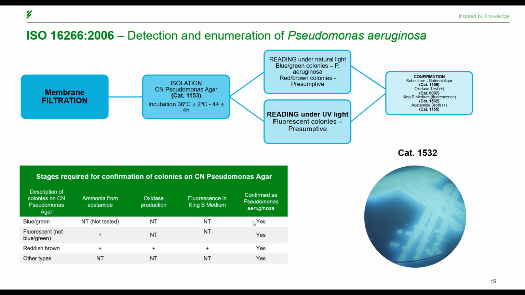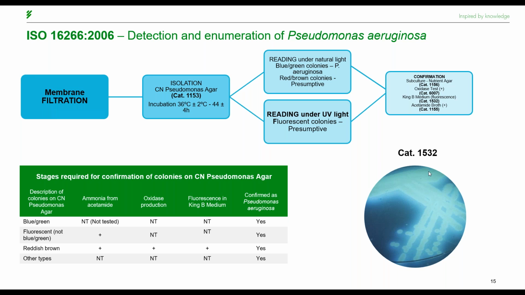The characteristic green-blue colonies are from the pyocyanin production and listed as confirmed Pseudomonas aeruginosa. On the other hand, the rest of the colonies are examined under UV light, and the colonies that give rise to fluorescence are counted as presumptive Pseudomonas and later confirmed on acetamide broth for the ammonia production.